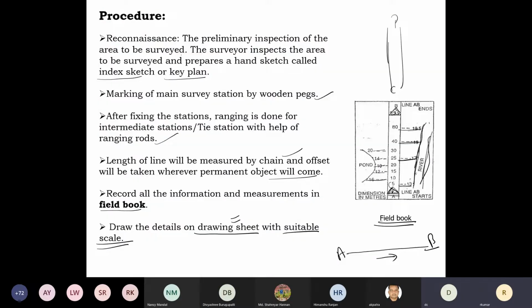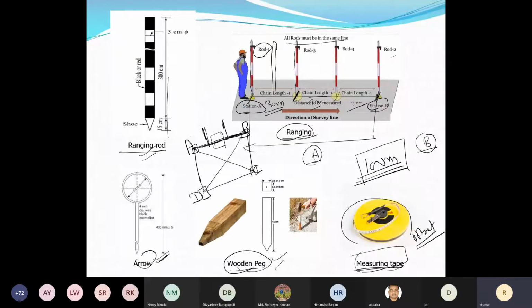Can anyone tell where we use the wooden pegs? Main station. Good, main station, to fix the point. Fix the point on the ground corresponding to the instrument station.